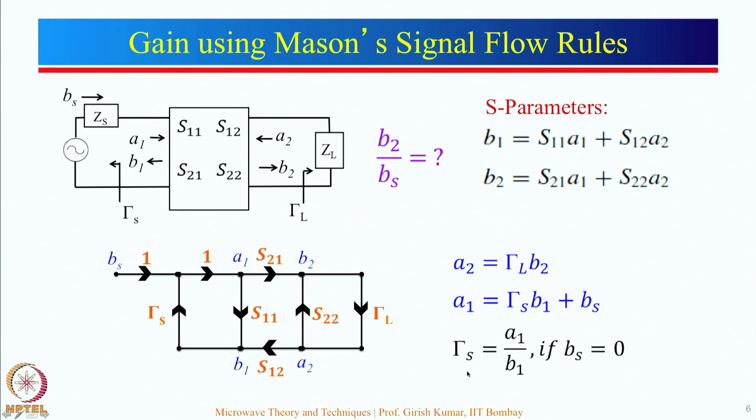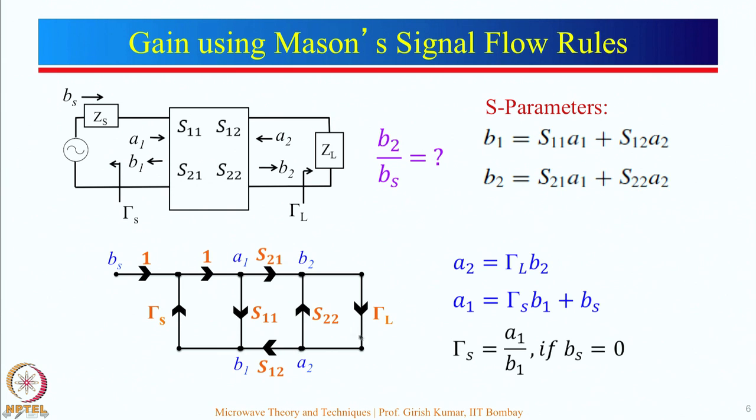Gamma S we had seen previously, it was A1 by B1, but that was the case when BS was equal to 0. If BS is present, in that particular case you can see BS is also coming. So, A1 will now be equal to, you can see from here, gamma S B1 plus BS.